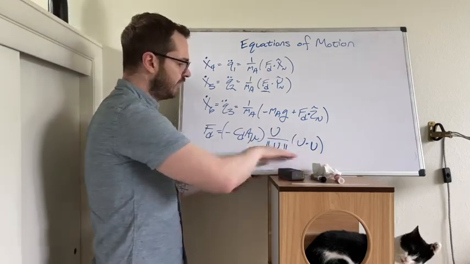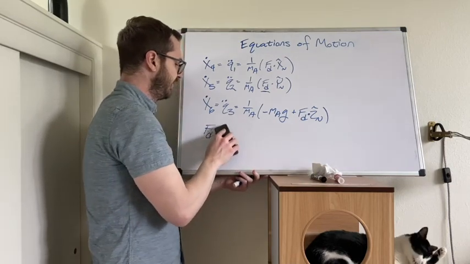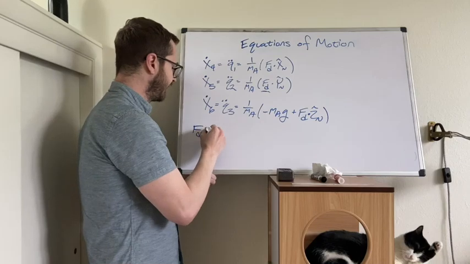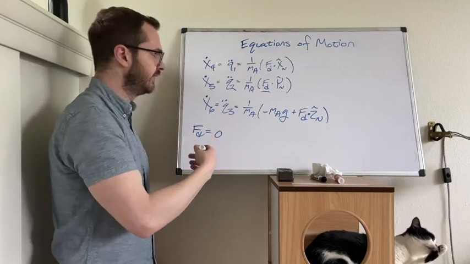So instead of doing something very complicated with the friction, what if for now we pretended that friction was 0? If we just took it out, what happens to these?